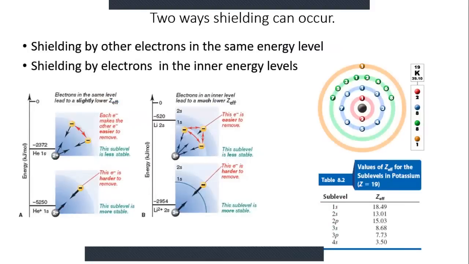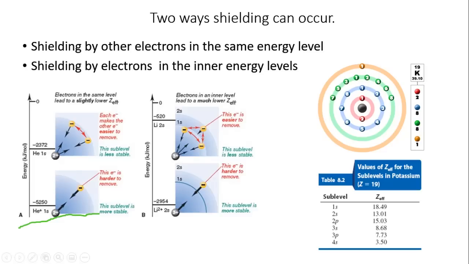Now we get to shielding. As I said before, shielding is the result of electron-electron repulsion between electrons in the same energy level and also in the inner energy level. For example, if we look at the same energy level, here at the bottom, we just have one electron. It takes about 5,000 kilojoules of energy to remove this electron from the pull of the nucleus.